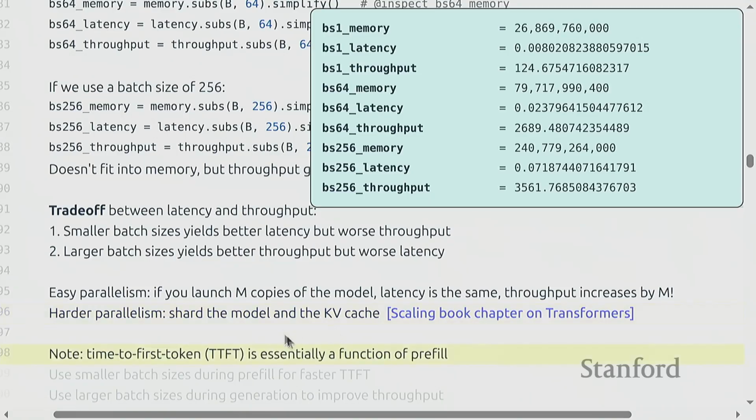Okay, so the time to first token, which is a metric I mentioned earlier, is essentially a function of the prefill. It's basically how long does it take to encode the prompt. And usually this is compute limited, so you're basically going as fast as you can. And there's not much you can do about it given a fixed architecture.